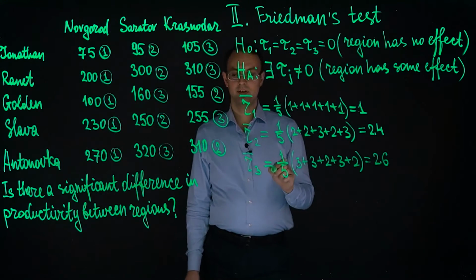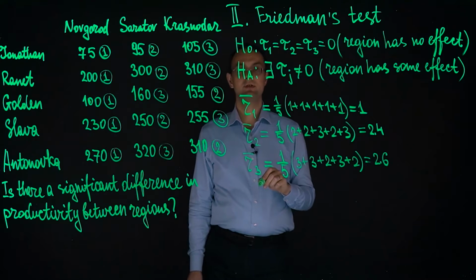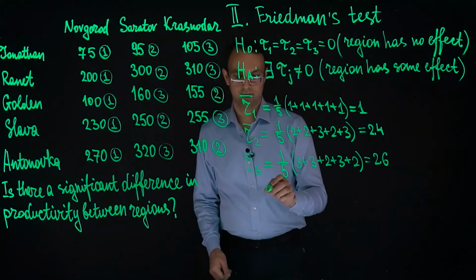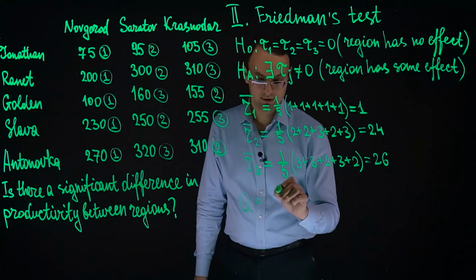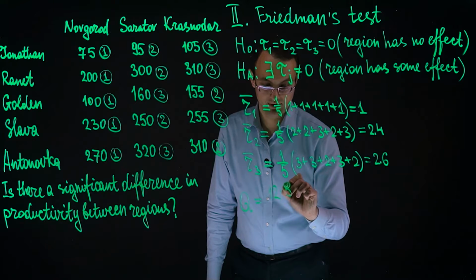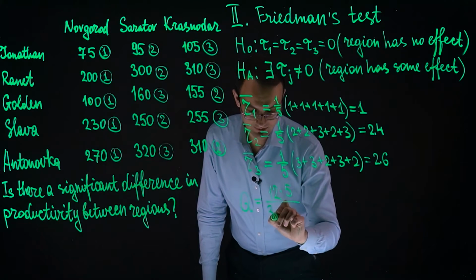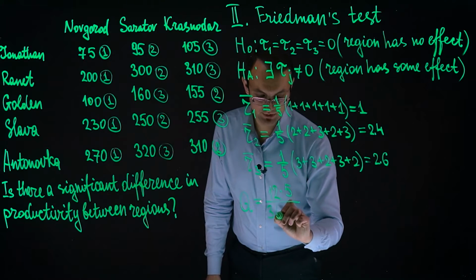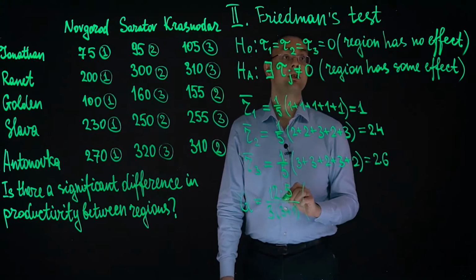So these are the mean ranks for the columns. And now we are to find the test statistic Q. Q is 12 times 5, where 5 is the number of rows, divided by 3 times 3 plus 1, where 3 is the number of columns.